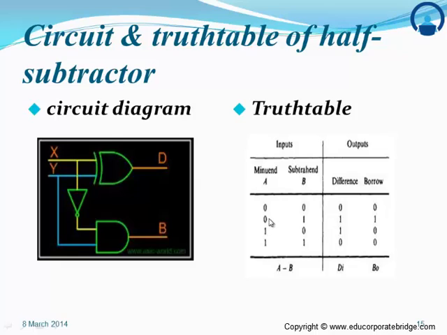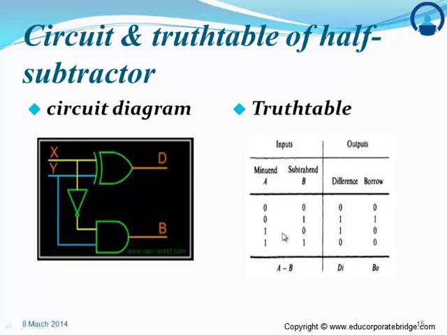Similarly, 0 minus 1. Here the difference is 1, and since a is less than b, that is, minuend 0 minus 1 is a negative number, we have a borrow, which is represented here as 1.